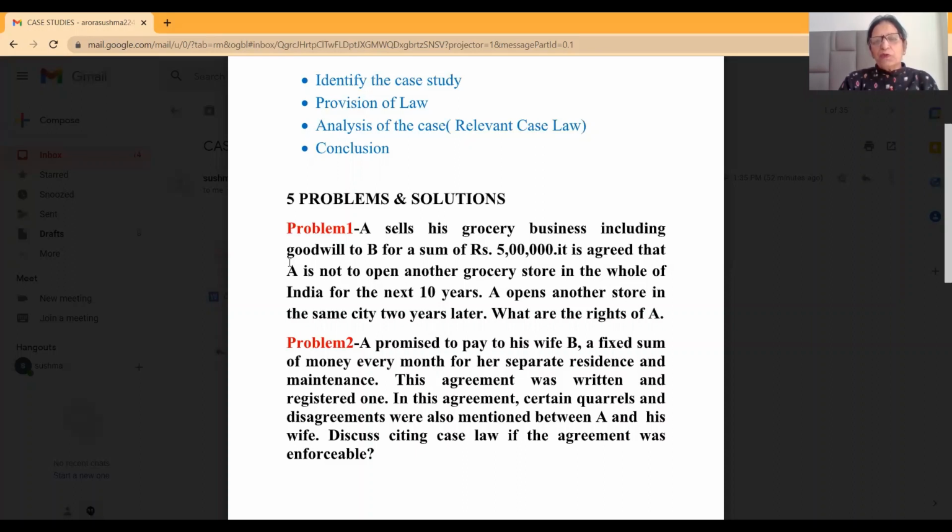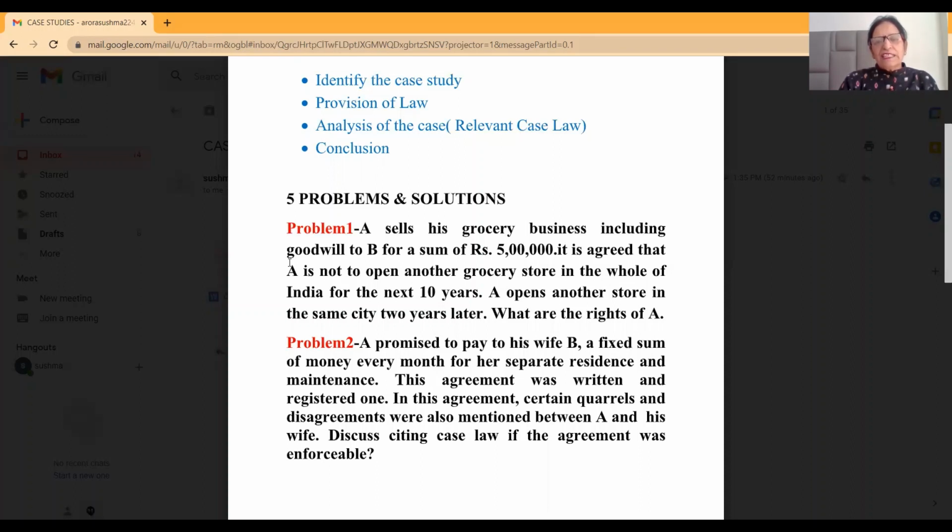A is not to open another grocery store in the whole of India. Friends, remember, restrictions are there sometimes, but these restrictions are not void, they are valid. But remember, the restrictions should always be reasonable. Then only they are valid.